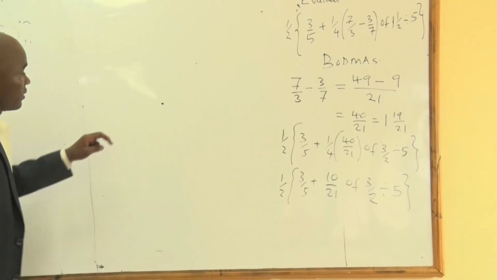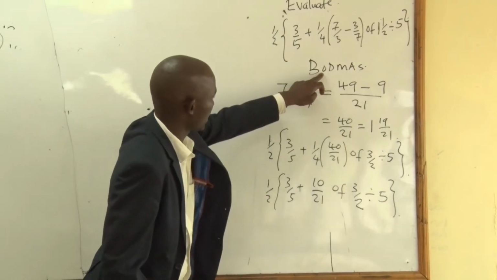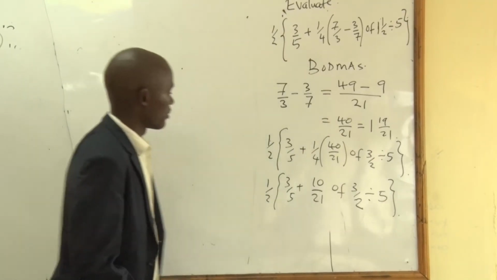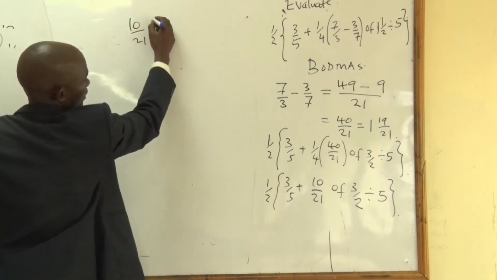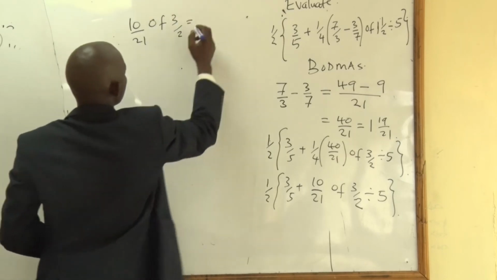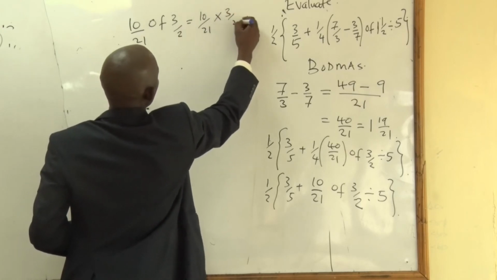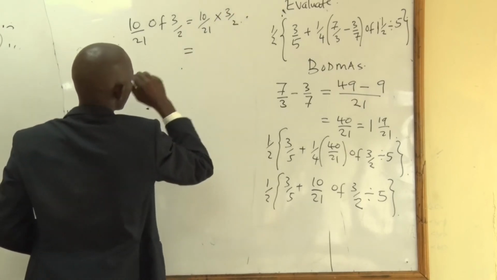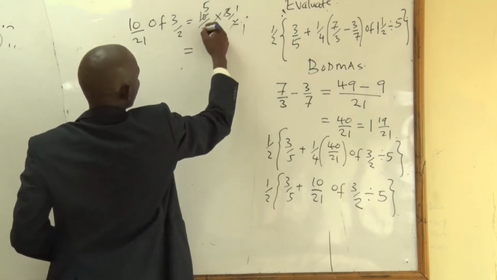Remember, once you are there, we can now deal with the off. After the brackets you deal with off, so we deal with the off part, which is 10 over 21 of 3 over 2, the same as 10 over 21 times 3 over 2. 2 cancels 10 once, it goes there 5 times, 3 cancels 21 once, this is 7.